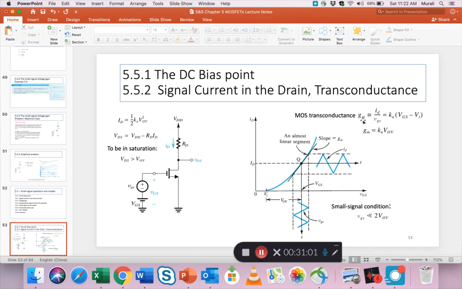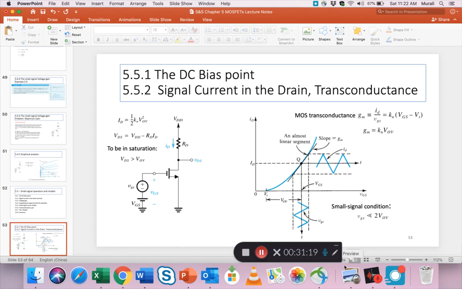It's denoted by gm, and there's a couple of formulas for it. It depends on this Kn, the process parameter, and it depends on VGS minus VT, which is also the overdrive voltage. So you write it as gm equals Kn VOV.